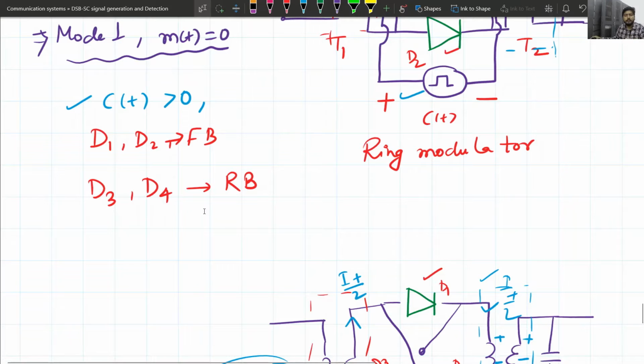Now c(t) is a high frequency radio signal. Let's represent c(t) here for more clarity.